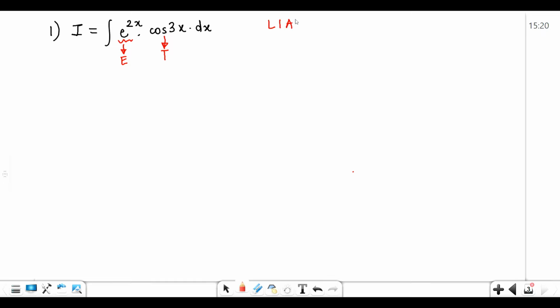According to LIATE, the trigonometric term comes first and then comes the exponential function. So the trigonometric term should be u and the e term should be v. This is your first function and this is your second function. Hope you understood how to identify this, the serial order.